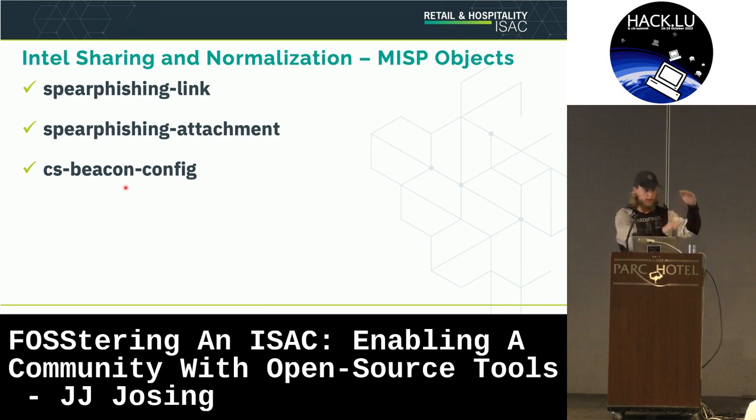Instead of just a list of a bunch of senders, a bunch of IPs, a bunch of URLs, where you lose a lot of context. So by using the MISP objects, and these are three that we've created and added to the MISP objects repo, we can keep that context together and make the intel more valuable in the end.